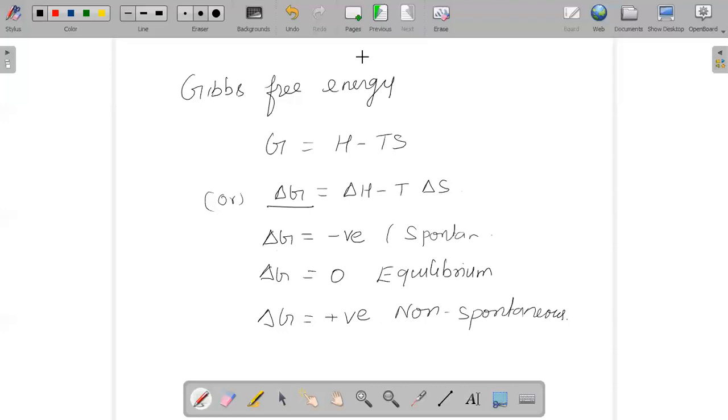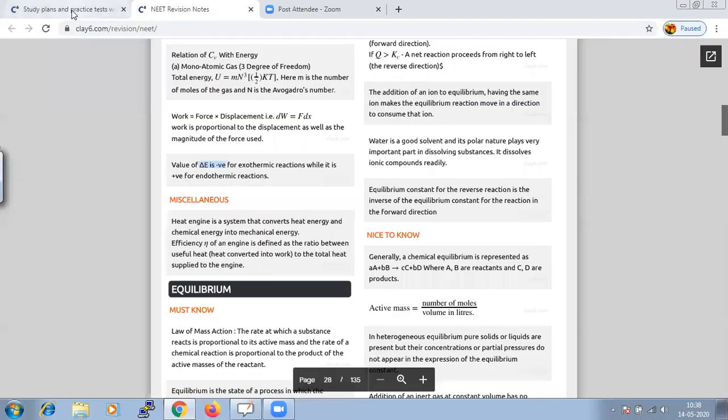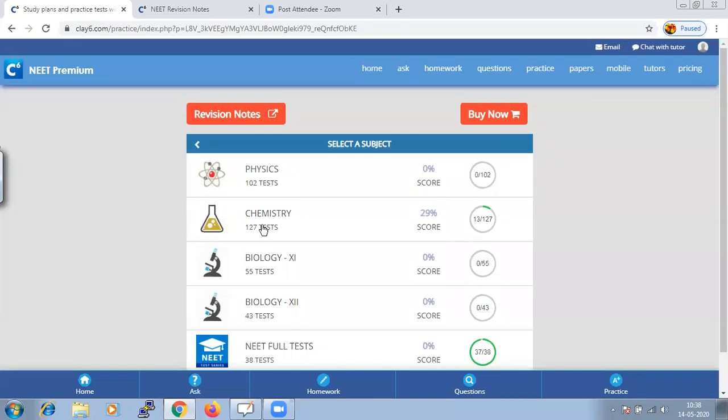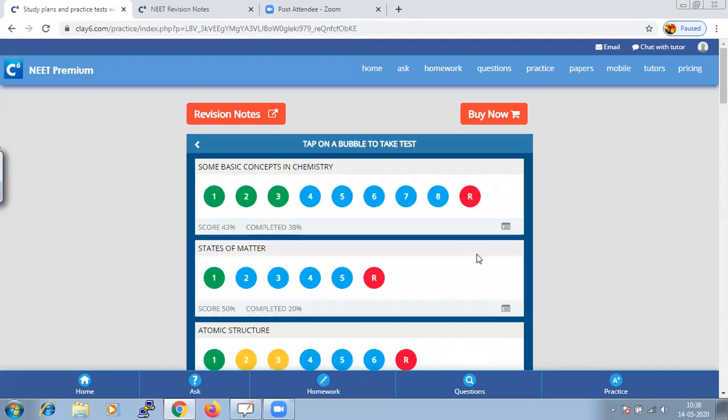Based on our study and analysis, let us do a test and see. So when we go to chemistry, each subject and each chapter has a test. The green bubble indicates that the test has been taken.